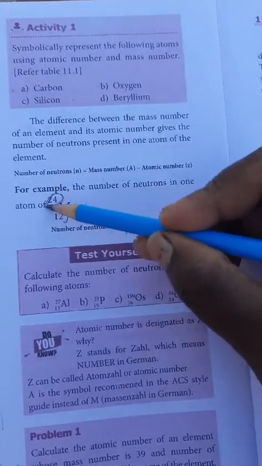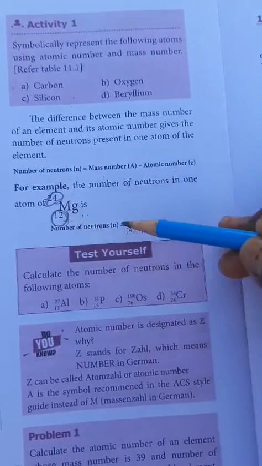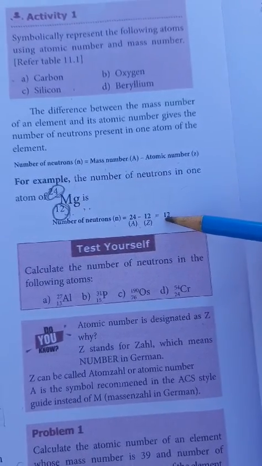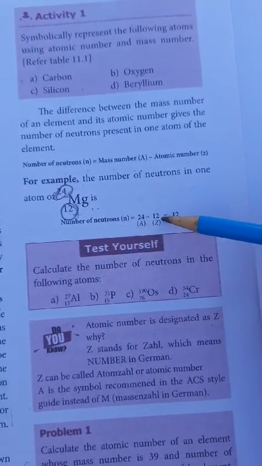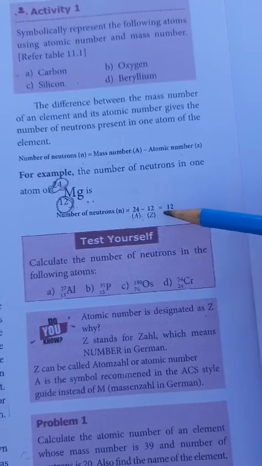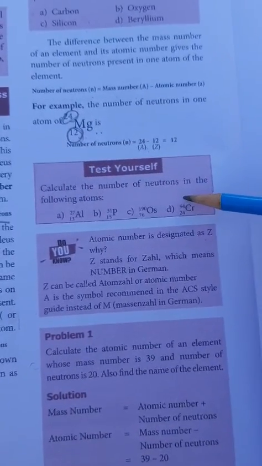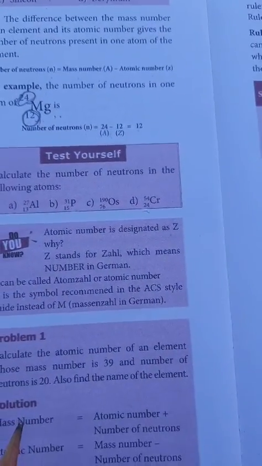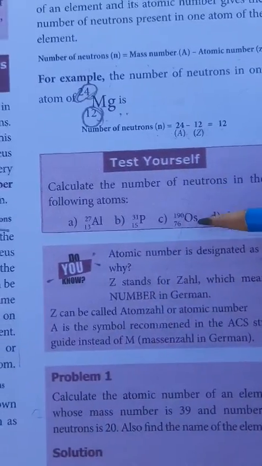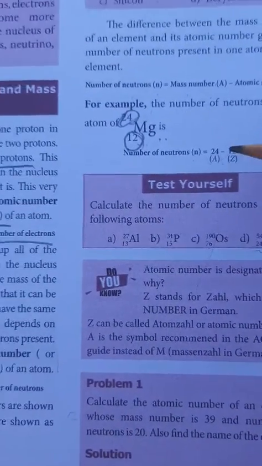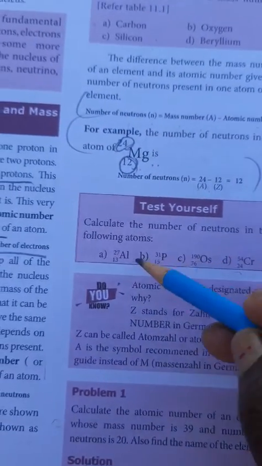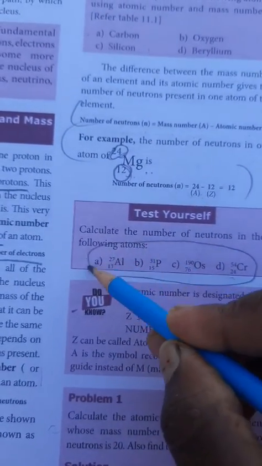Mass number 24, atomic number 12. Subtracting, 24 minus 12 leaves 12. So the number of neutrons is 12. Now calculate the neutrons in the following atoms. Can you do that, students? This formula applies to these elements.